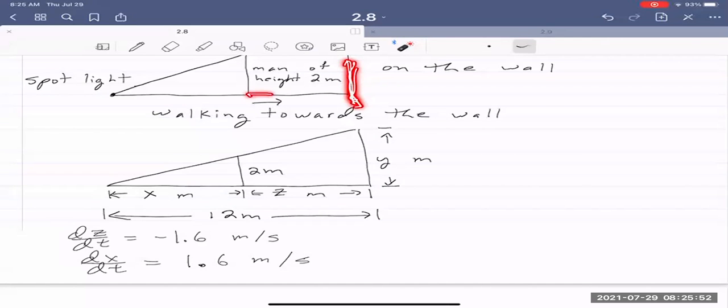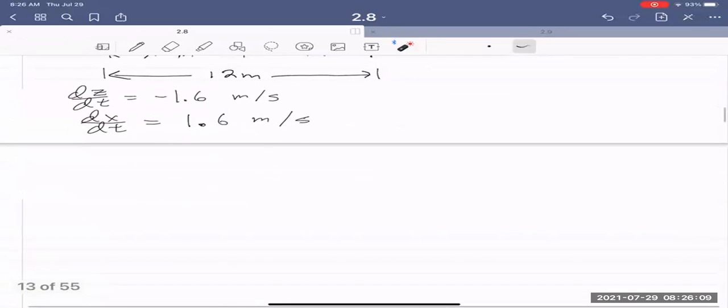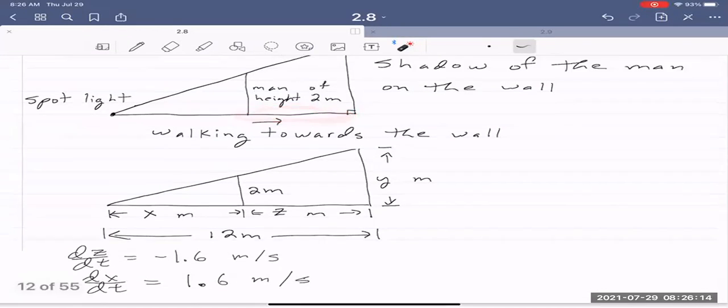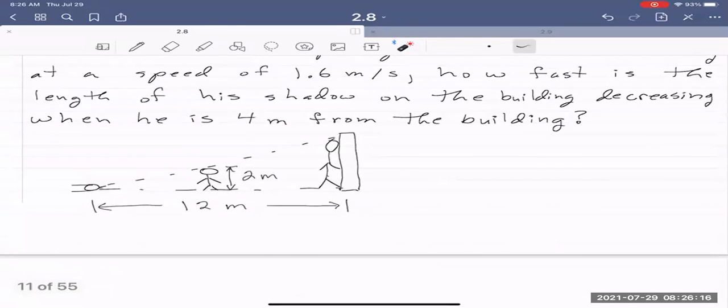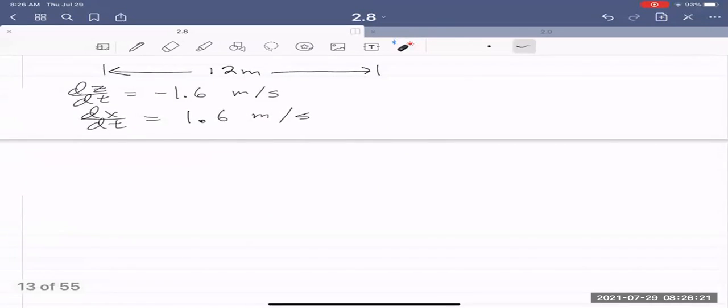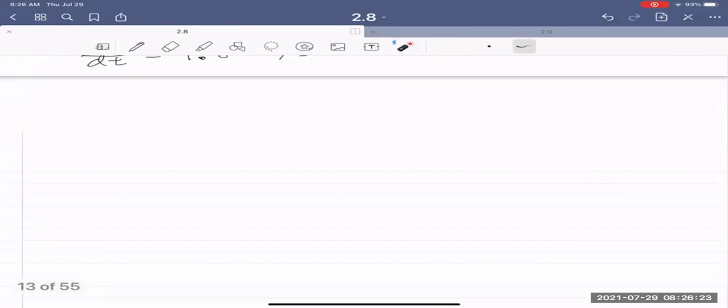Walking this way, this length is decreasing, but if you're walking in this direction, this length is increasing. I also know that the distance from the building is 4 meters. So I know that z here is 4 meters.